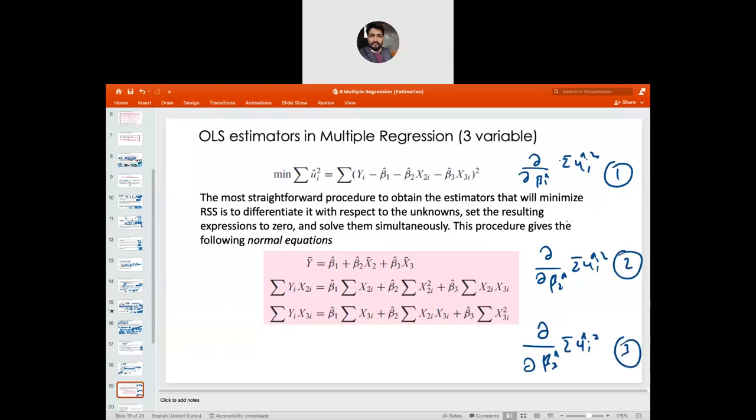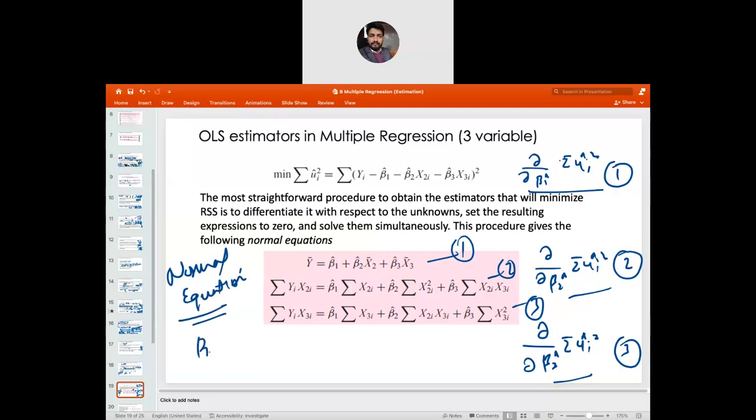And those three would be the three normal equations. So these are equations 1, 2, and 3 that we will get by doing this partial differentiation. And these are normal equations as we got in simple regression also. So the procedure is exactly the same, right?